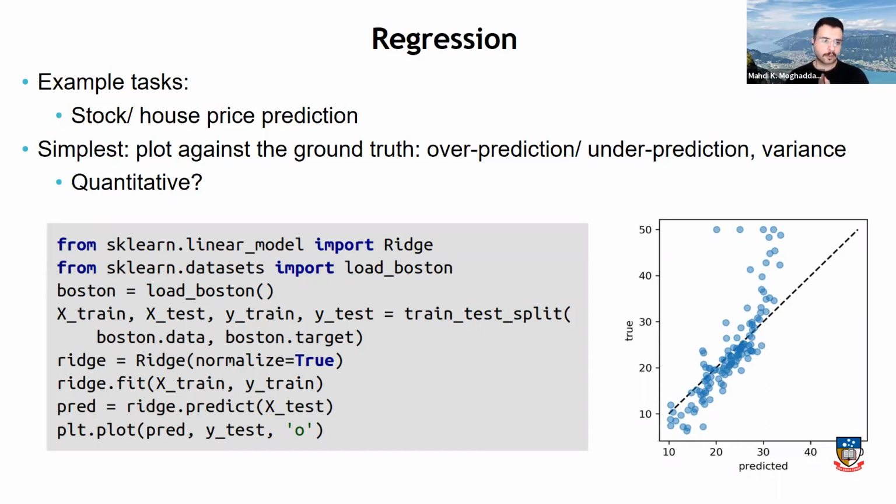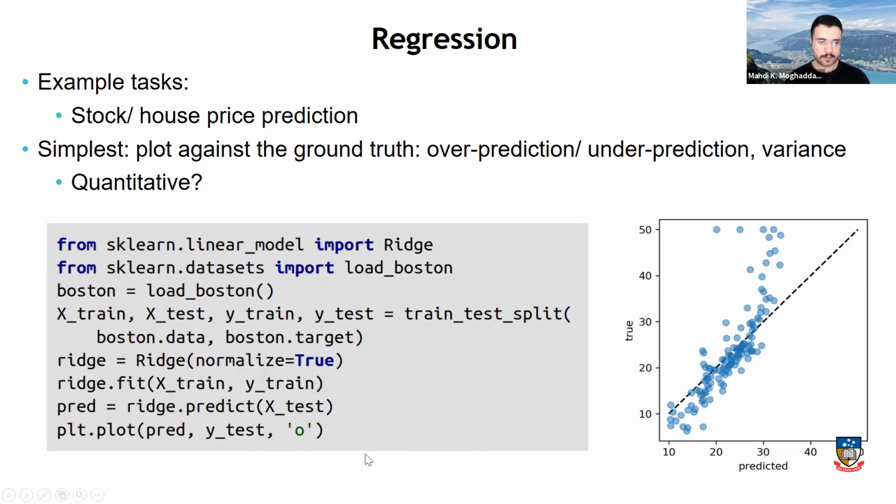So if you're dealing with regression, then there are a few things that you could do to measure the performance of your method. The simplest way, which is probably a very good starting point, is to basically visualize the predictions of your model.